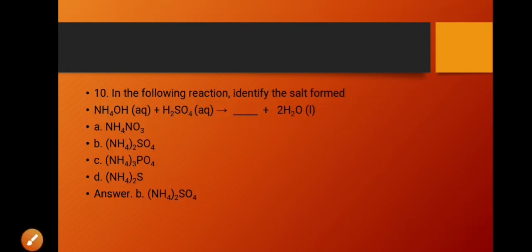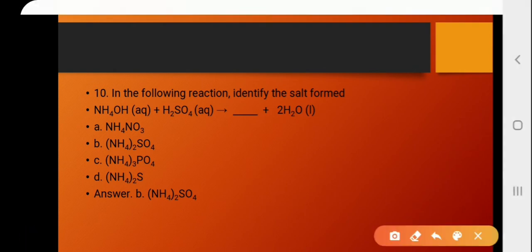Next one is: in the following reaction, identify the salt formed. In this reaction, NH4OH plus H2SO4, sulfuric acid, will give the product (NH4)2SO4.